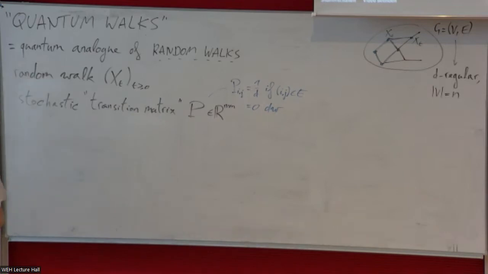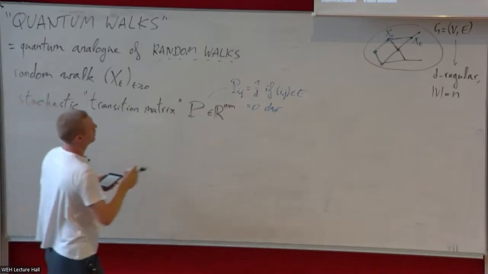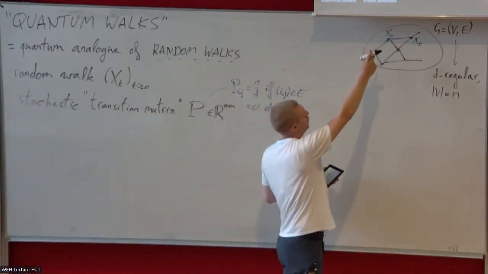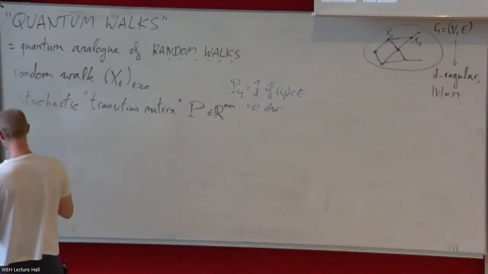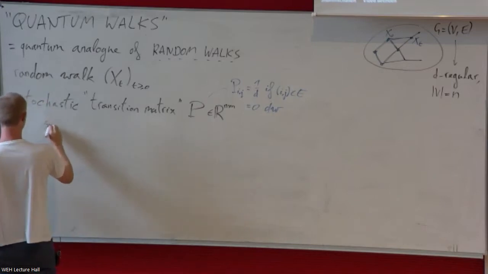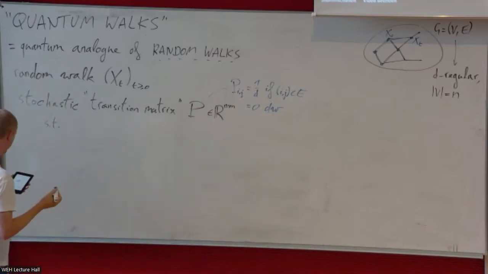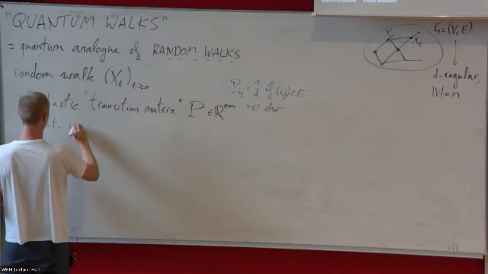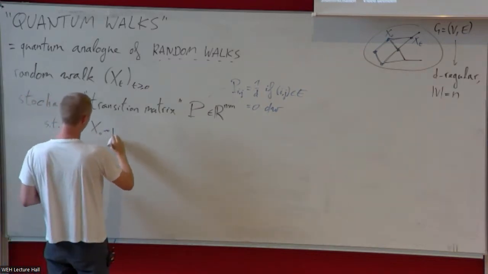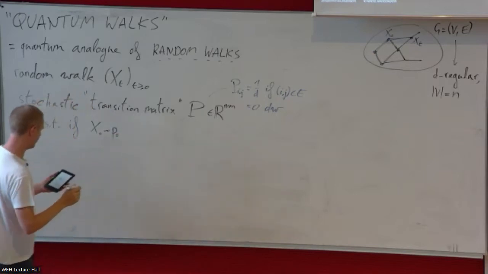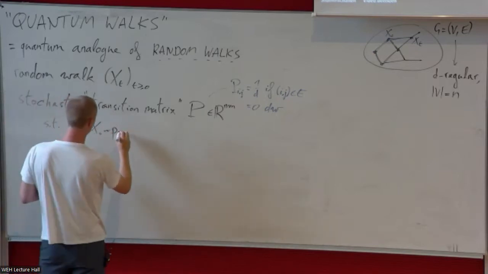And it's useful because we can easily use it to describe, given the distribution of the initial vertex, what is the distribution after t steps of the walk? In particular, the stochastic transition matrix is set up in such a way that if this initial vertex x0, I mentioned that it could be distributed according to some distribution. So let's say it's distributed according to distribution p0.